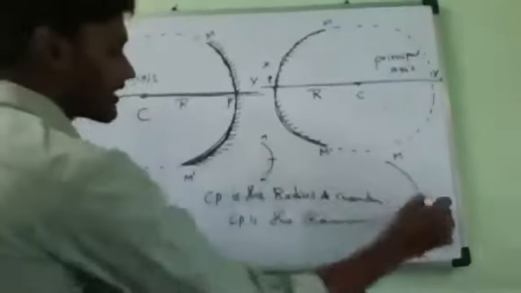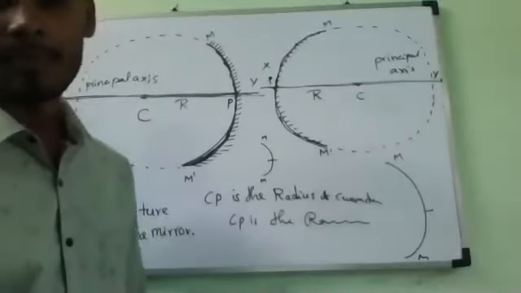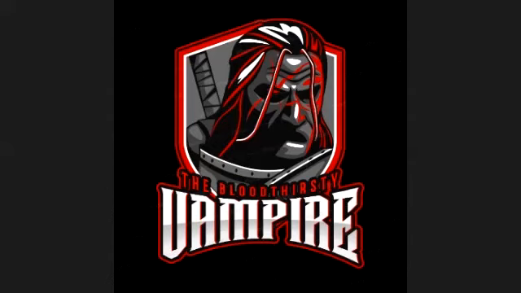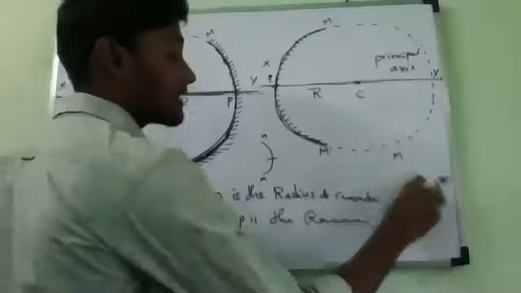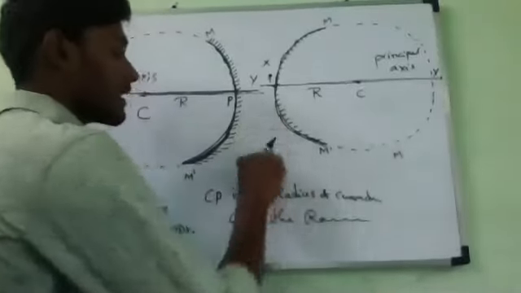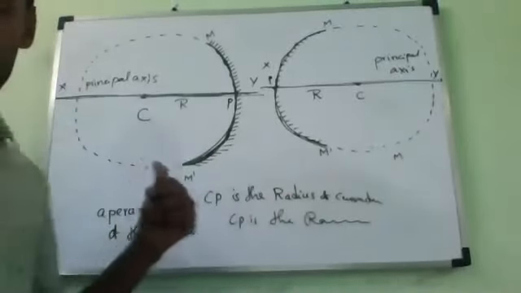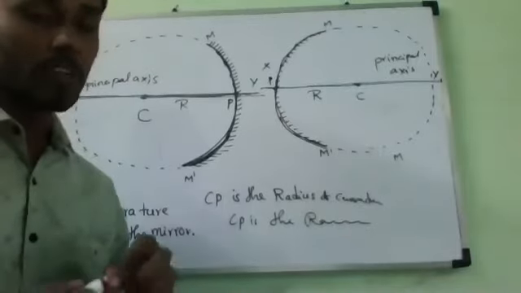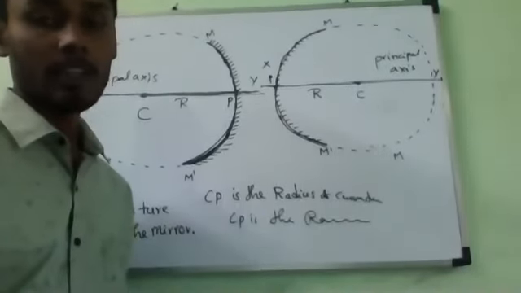This is the smaller one, this is the bigger one. Understand or not? That is called the aperture of the mirror, meaning the reflecting surface. So this aperture of the mirror always represents the size of the mirror.